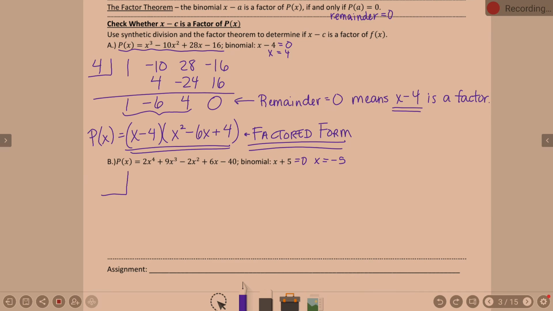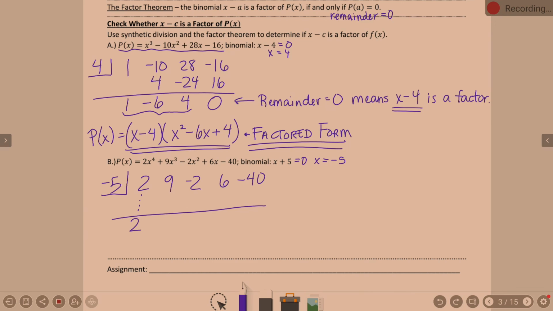Do I need any zeros? Nope. Okay, he says no. Drop the 2. Am I safe to assume everyone's caught on to synthetic division at this point? Okay, you kind of seem bored with it actually, which there's good and bad to that, right?